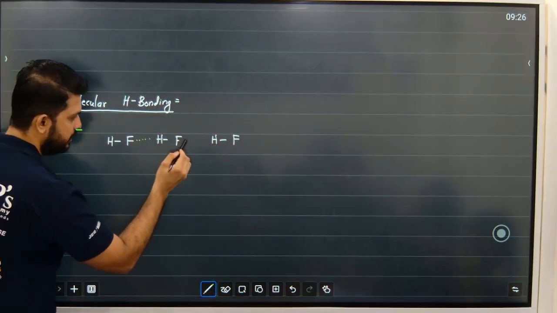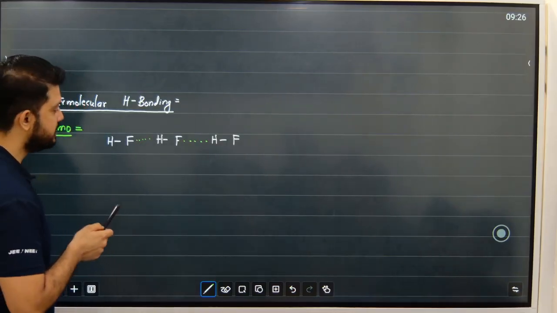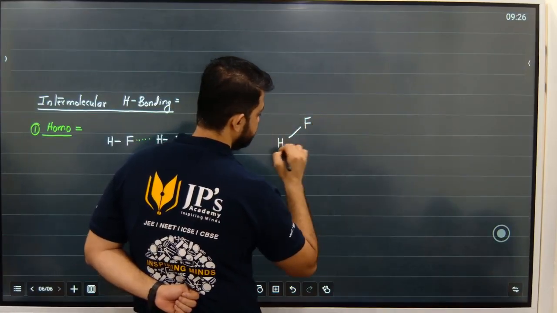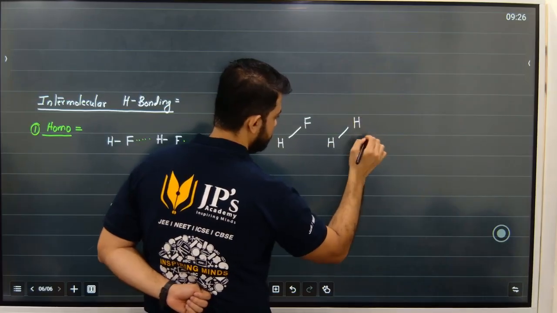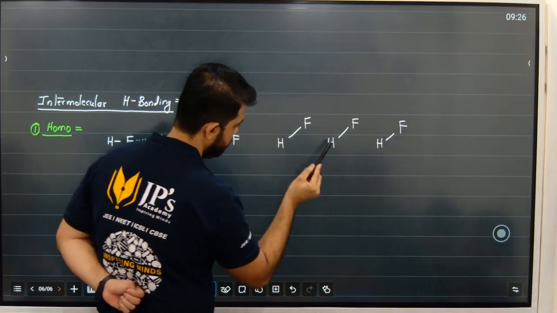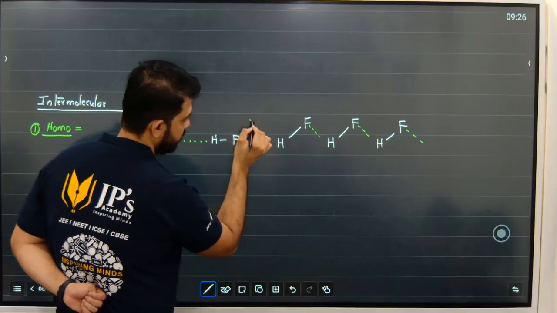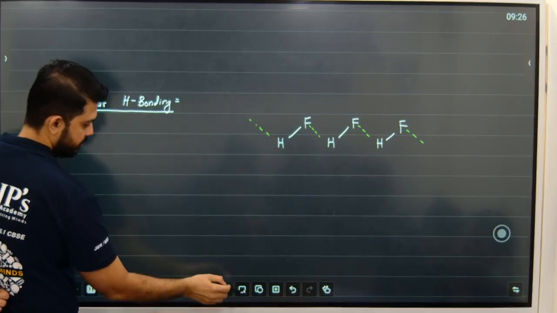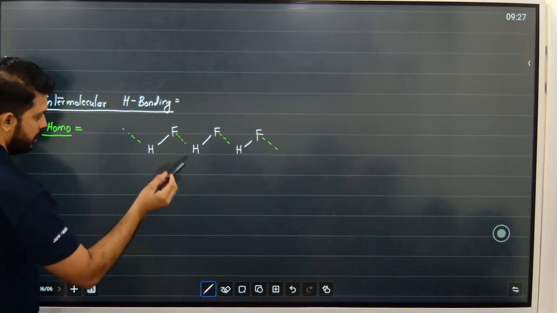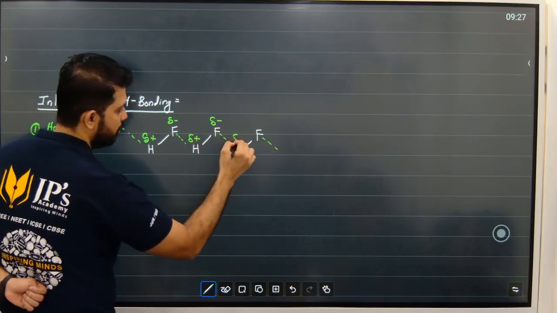Though we have made this linear, in reality HF molecules are in a zigzag manner. The hydrogen bond stays in a zigzag pattern. It is actually like this. So this is homo intermolecular hydrogen bonds. Remember, hydrogen will be delta positive and delta negative on fluorine.